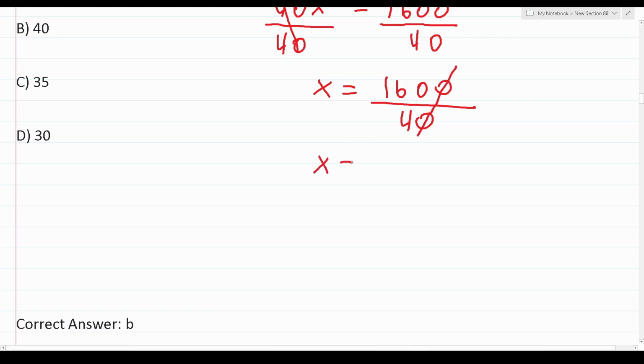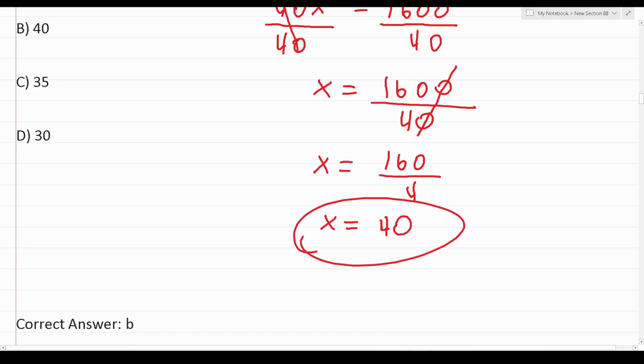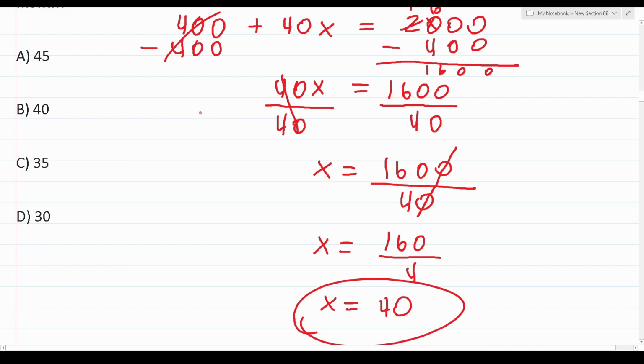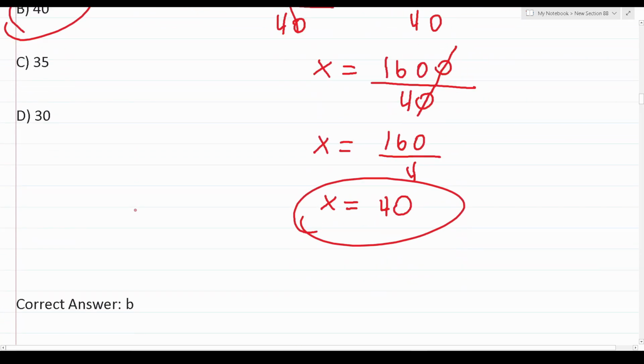So this becomes x equals 160 over 4. And let's think about it this way. What's 16 divided by 4? That's 4. And just bring down that 0. So x in this case is 40, which means he has to make 40 sales in order to make $2,000 in a month. All right, so that's that one.